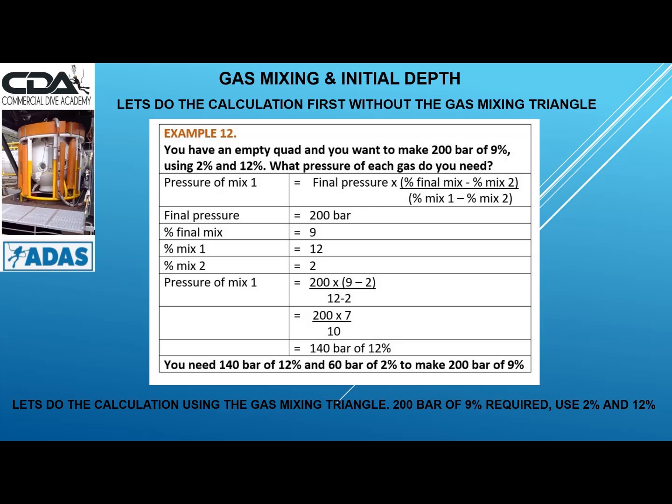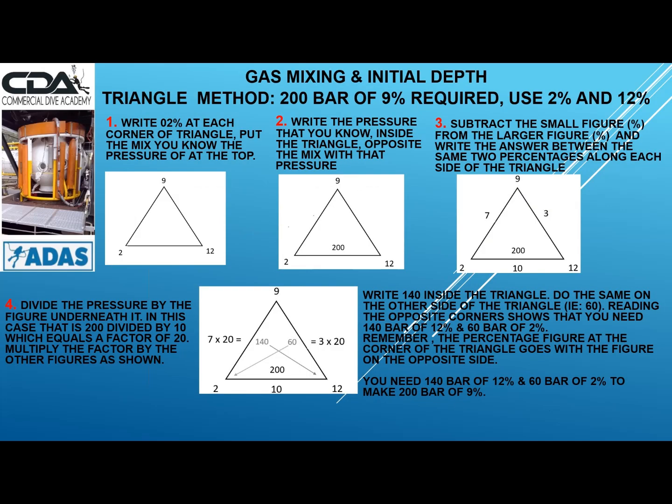Okay, let's do the calculation using the gas mixing triangle. 200 bar of 9% required, so we use 2 and 12%. Step 1, write the oxygen percentage at each corner of the triangle. Put the mix you know the pressure of at the top.